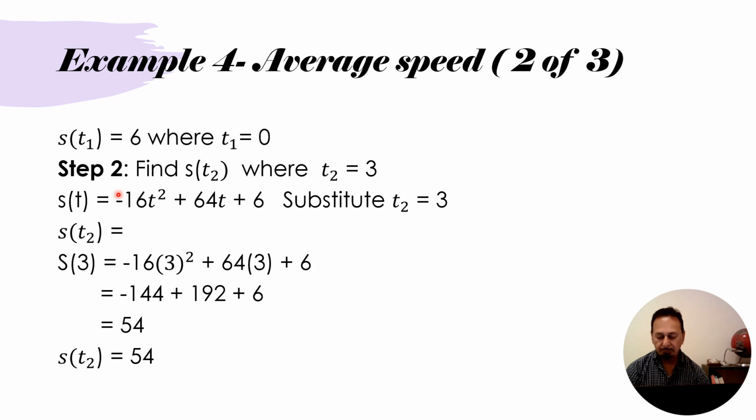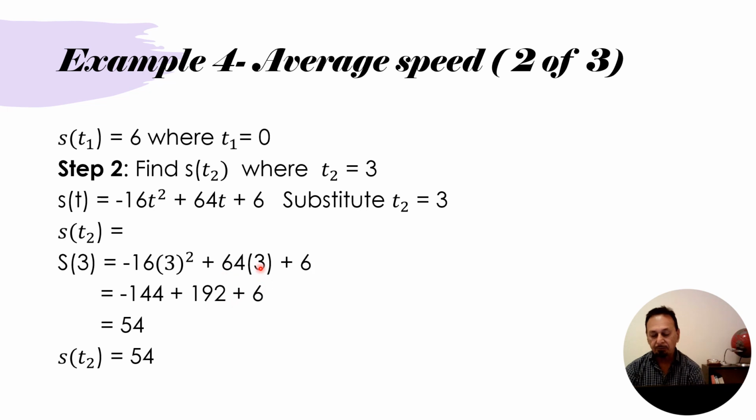Now step 2, find s of t2, where t2 is 3. So let's write the equation s of t equals negative 16t squared plus 64t plus 6. Now we substitute t equals 3. So this becomes s of 3, which is minus 16 times 3 squared plus 64 times 3 plus 6. Now 3 squared is 9, times 16 is 144, so negative 144.